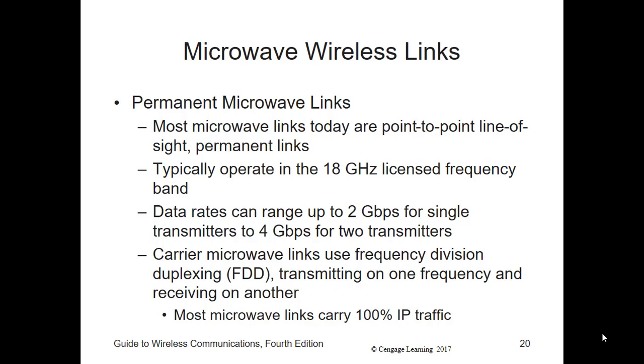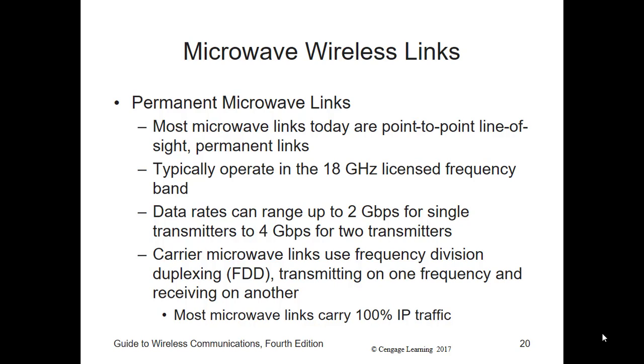They use between 256 and 1024 QAM, quadrature amplitude modulation, with parabolic dish antennas, which are highly directional and very high gain. Carrier links use frequency division duplexing, FDD, transmitting on one frequency and receiving on another for full duplex operation. And practically all microwave links in use today carry 100% IP traffic.